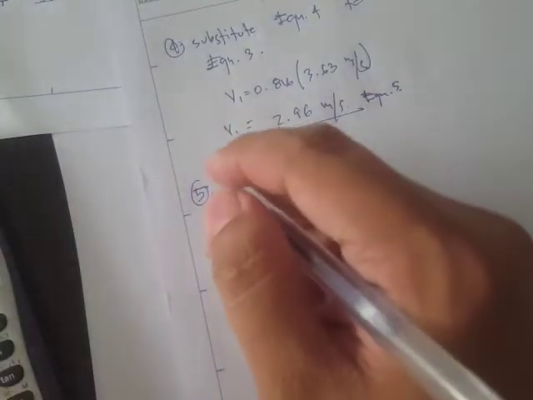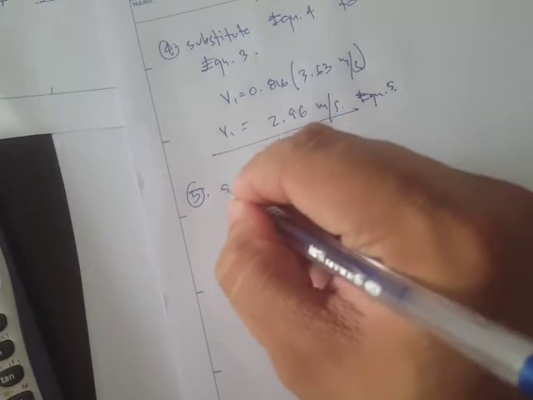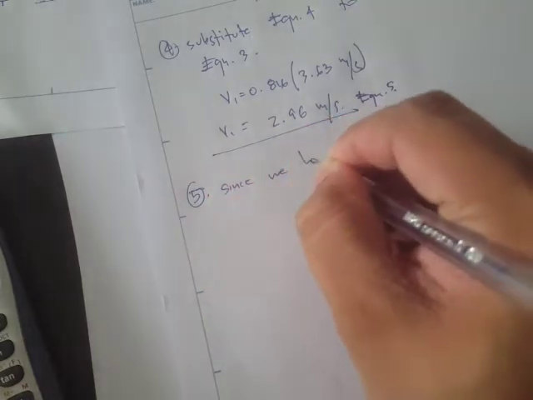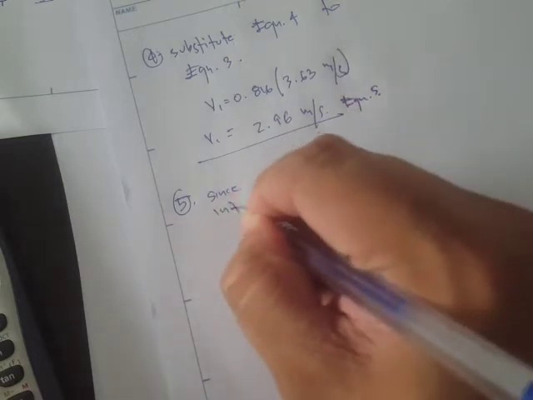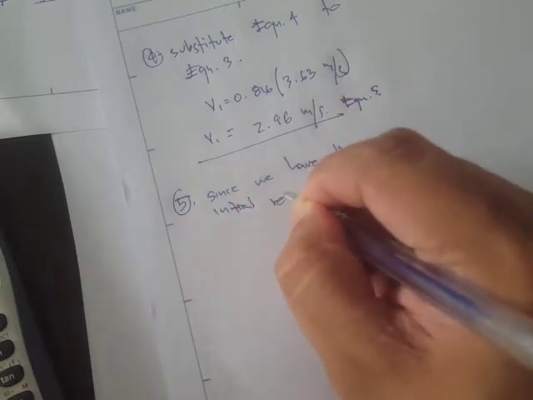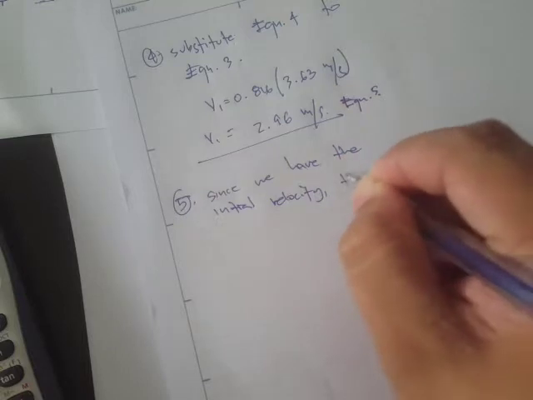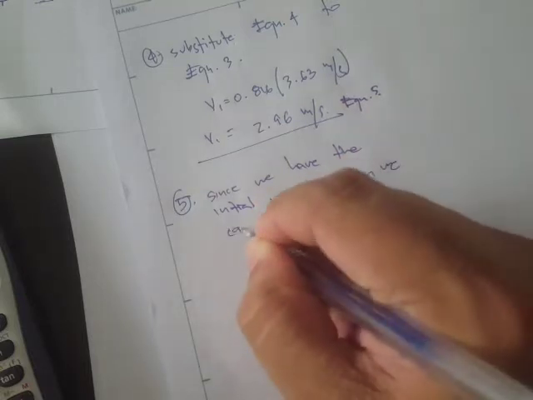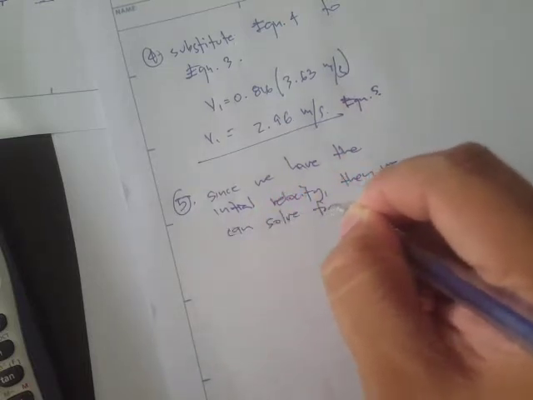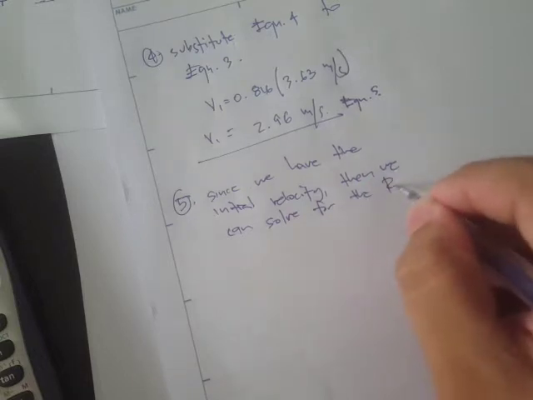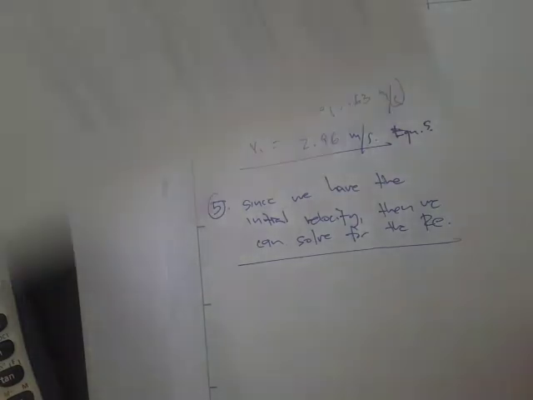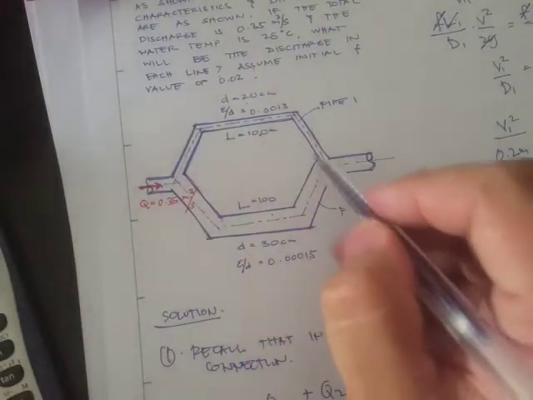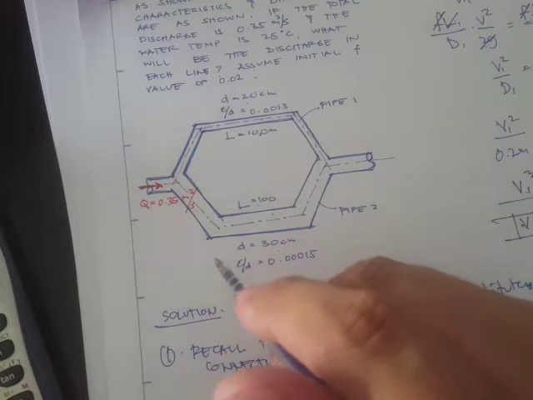So the next step is, since we have the initial velocity, then we can solve for the Reynolds number. Take note again that this problem is not a type 1 problem, meaning that the flow rate is not given, and therefore we have to do iterations.